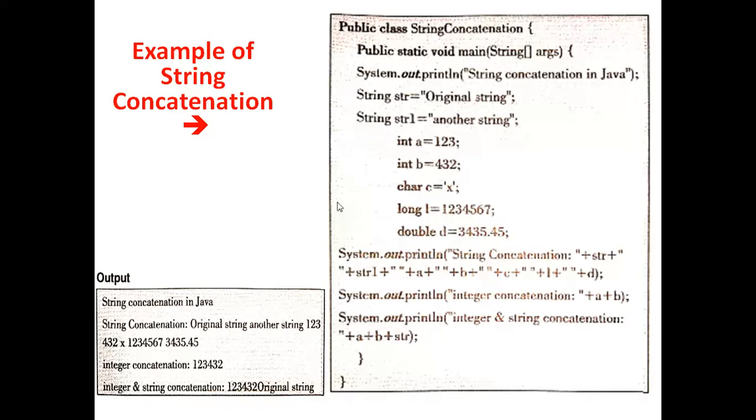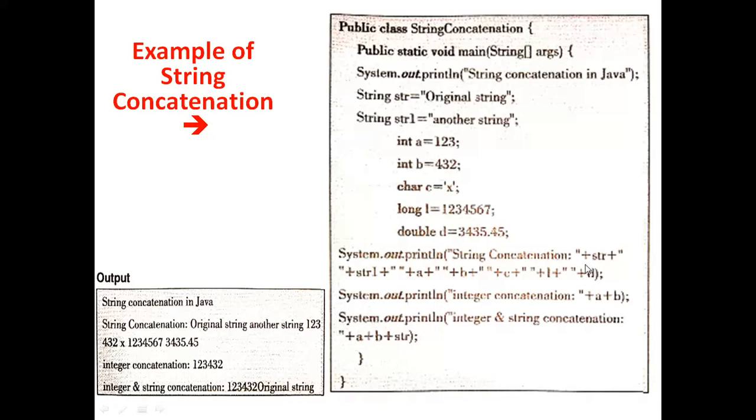I have created one more variable, that is d, which is of double type, in which I have stored a certain decimal number. Afterwards, in the next line, you can see I have concatenated all the strings, all the different characters or variables which I have declared.